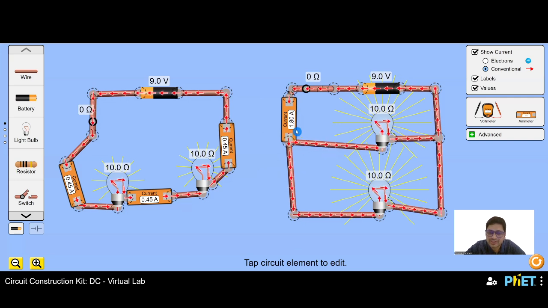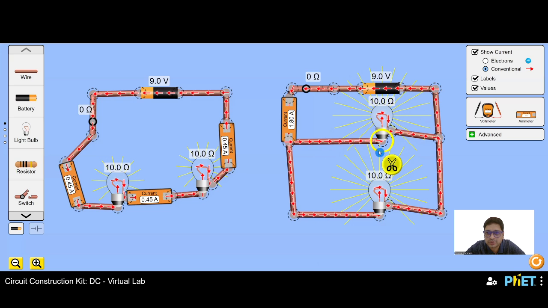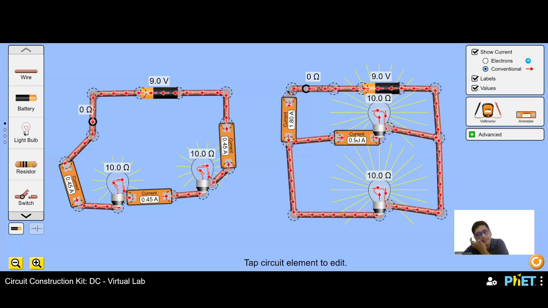I just want to check if this 1.8 amperes, the current flowing through the circuit, is the same as the current through this bulb or not. What can I do for that? Let me check that. It is not.